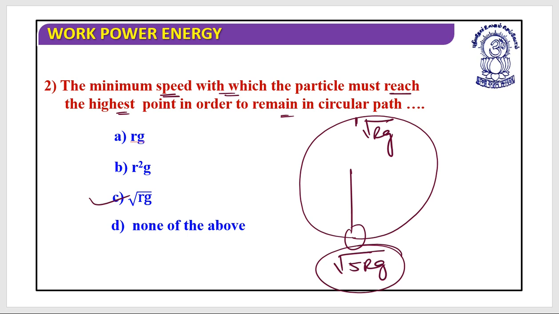If it is there, then and only then can it remain in the vertical circle. Otherwise it is not possible to remain in the vertical circle. I hope this is clear.